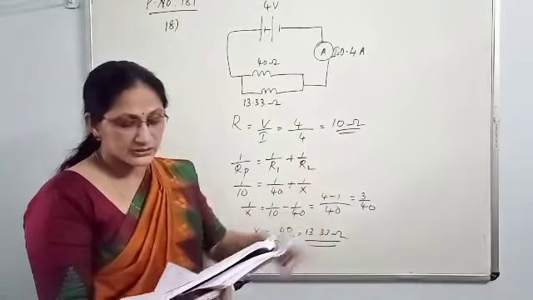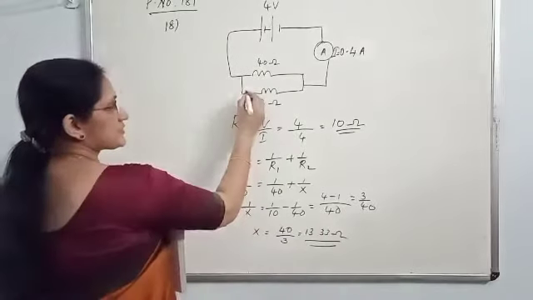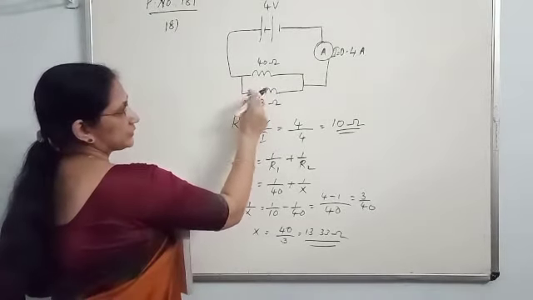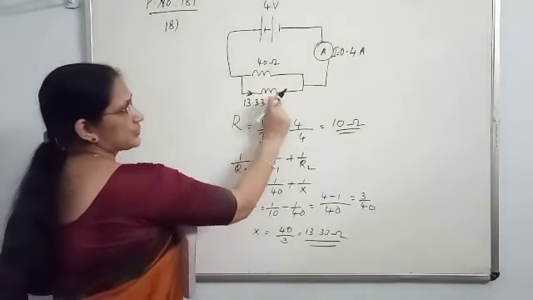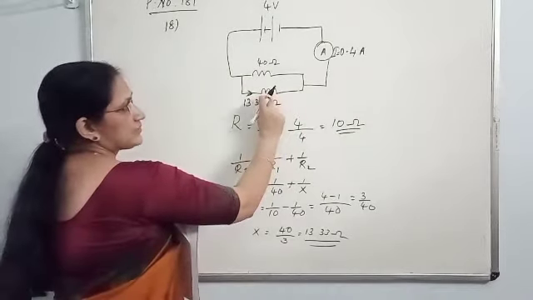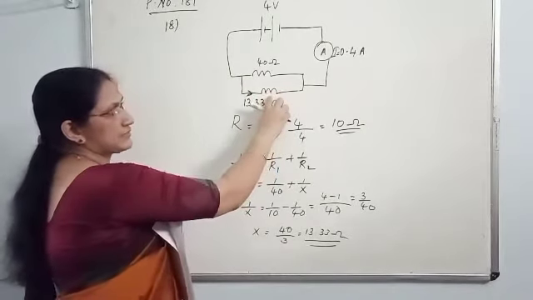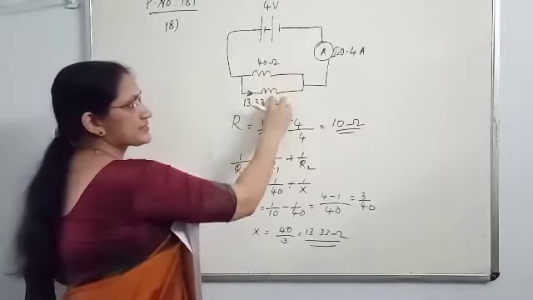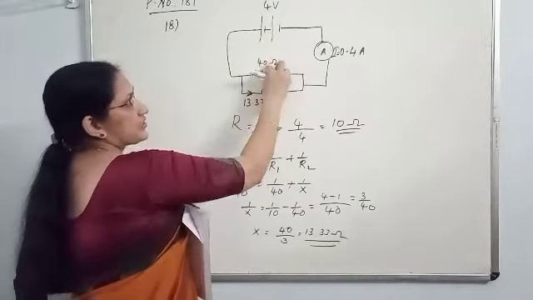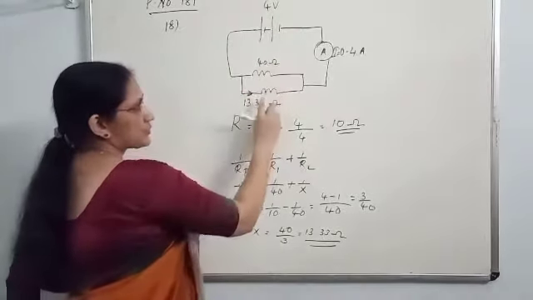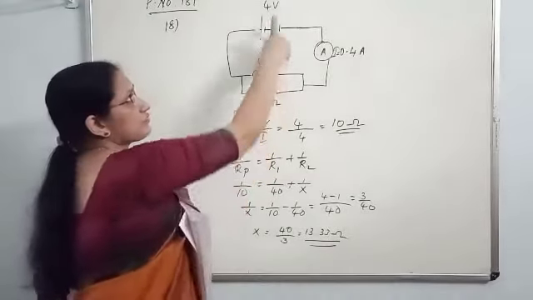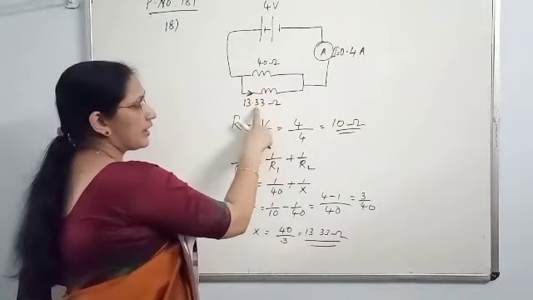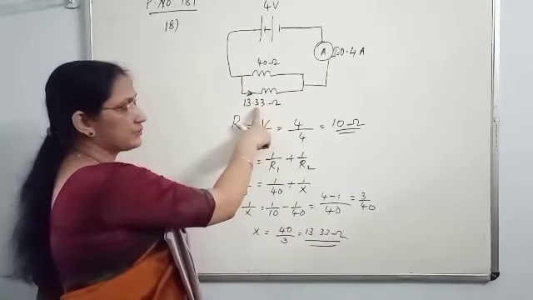Then the current passing through this unknown resistance, this current you have to find out. What is the current flowing through this resistor? What is V for this section? Both are parallel resistors. So each resistor will get 4 volt. So V for this branch is 4 and R you already know, 13.33.